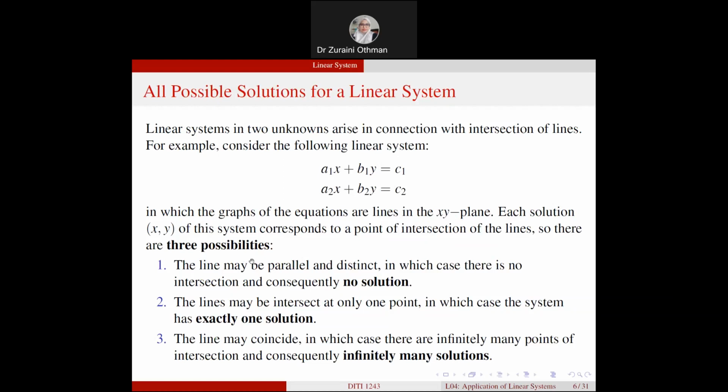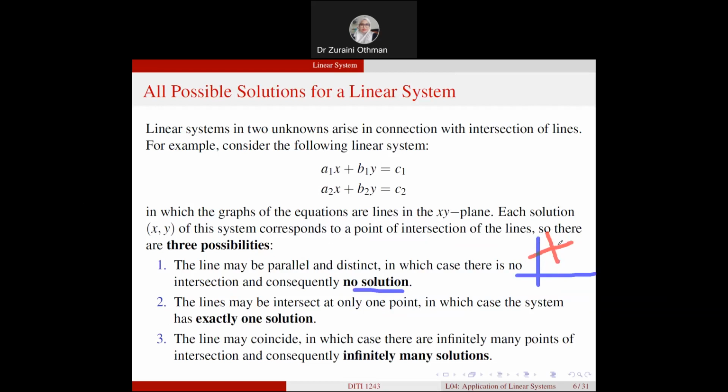Okay, now its solution, ini yang kita ada bincang pada kuliah previously, which is we have three possibilities. Okay, bila dia ialah no solution, meaning that in x and y tu, maksudnya dua garis tu, contohnya macam ni, dia parallel, dia tak akan bersilang. Ini ialah keadaan yang pertama with no solution. But exactly one solution ialah bila kita ada macam ni, we have these two equations bila dia bersilang.